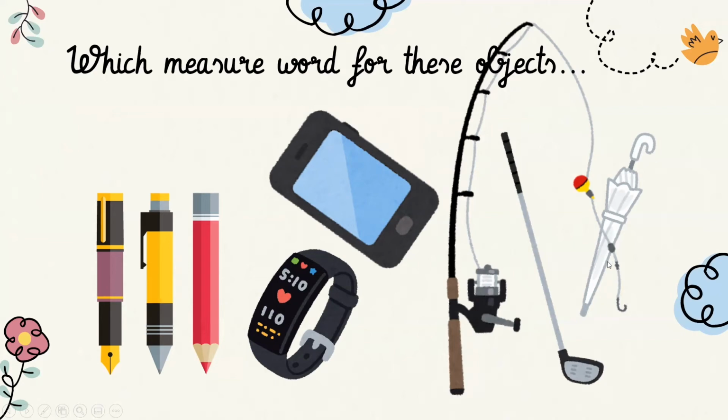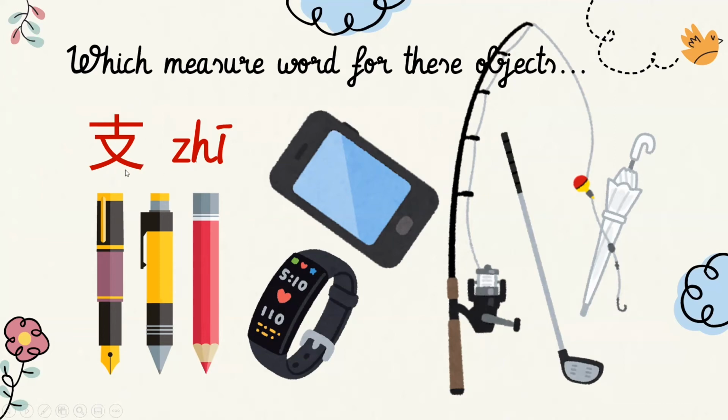And the umbrella looks like a bar shape, right? Even the things for golf. So we will use this: 只一支笔, 一只手表, 一只手机. We will use this 只 for any bar-shaped object. Remember that? This is the character for bar-shaped objects.